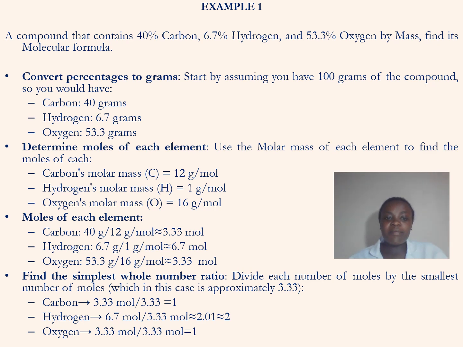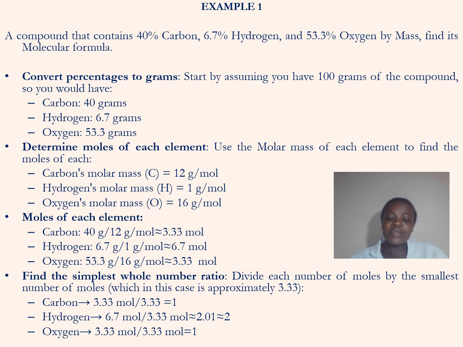To determine the number of moles, we get the molar mass of every element we have here. Carbon has a molar mass of 12, hydrogen 1 gram per mole, and oxygen 16 grams per mole. To calculate the number of moles, we divide the mass of each by its molar mass.